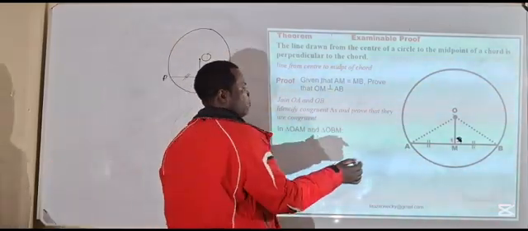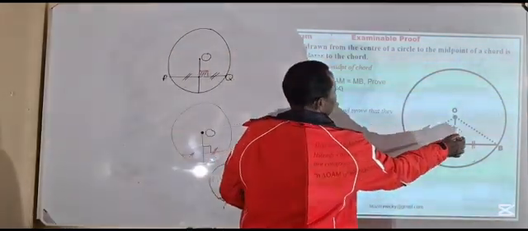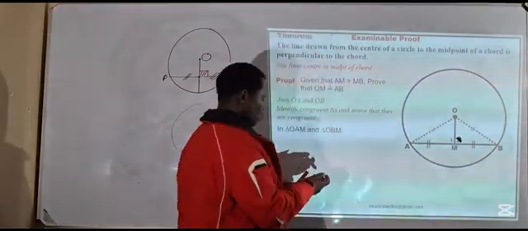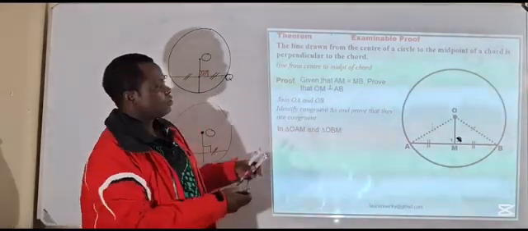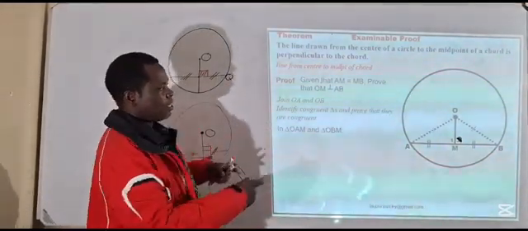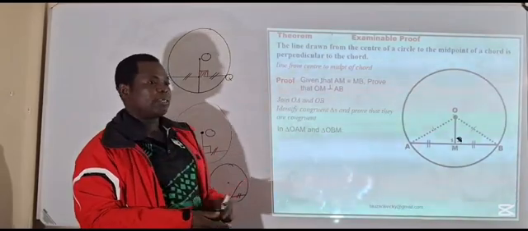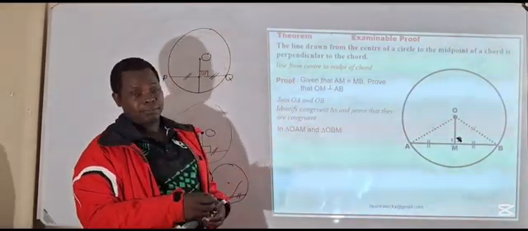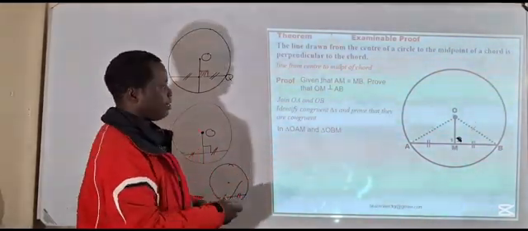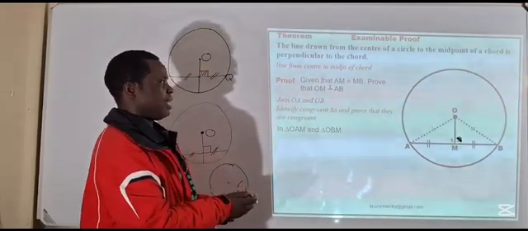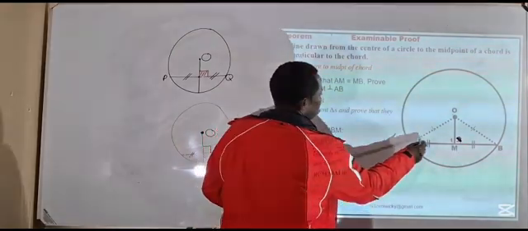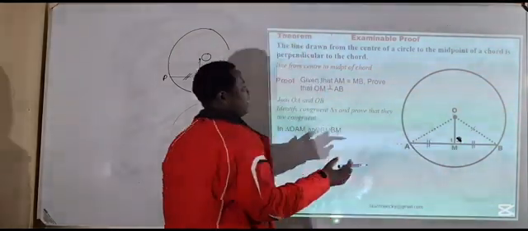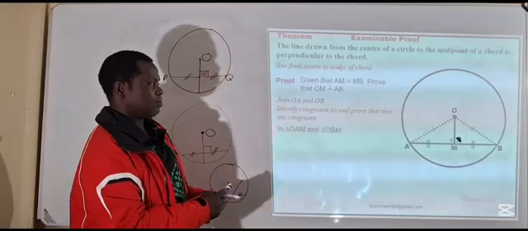The line from O to A and the line from O to B, those 2 are exactly the same. OB is the radius of the circle, and OA is the radius of the circle. That means OA and OB are exactly the same. I also notice that these angles are the same, but we don't need that information for now. Let's just stick to this.